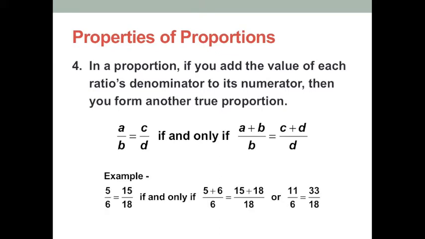For example, 5 over 6 equals 15 over 18, if and only if 5 plus 6 over 6 equals 15 plus 18 over 18. And you can simplify that to be 11 over 6 equals 33 over 18.